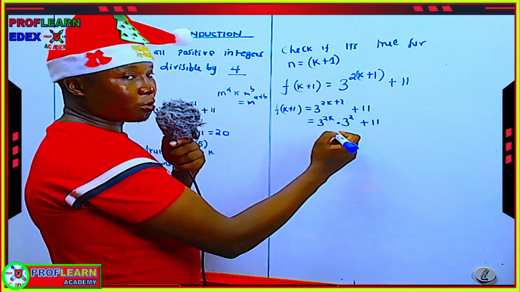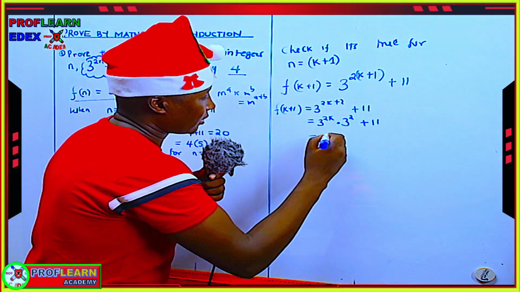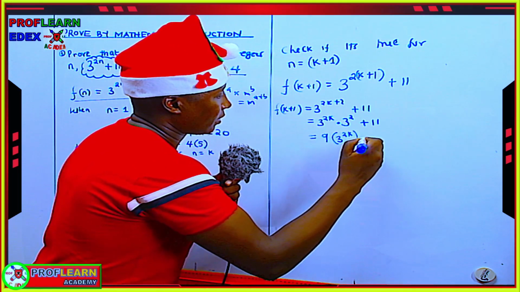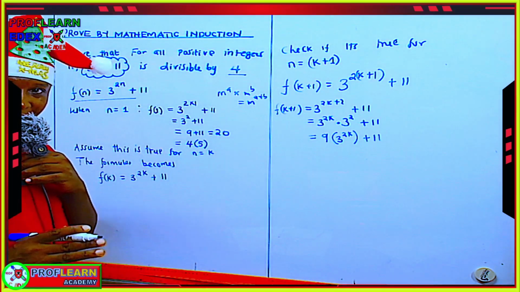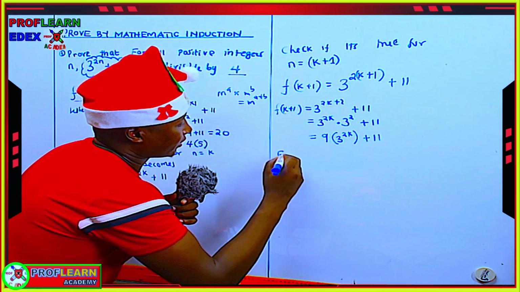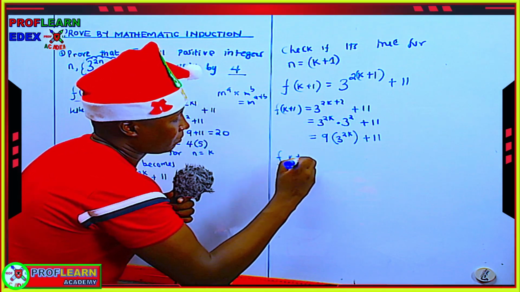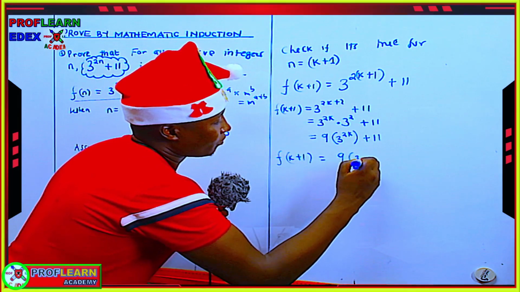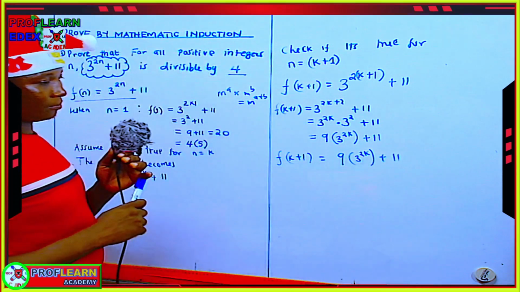This means this is going to be 9 here, so f of k plus 1 is the same as 9 into 3 to the power 2k, plus 11.